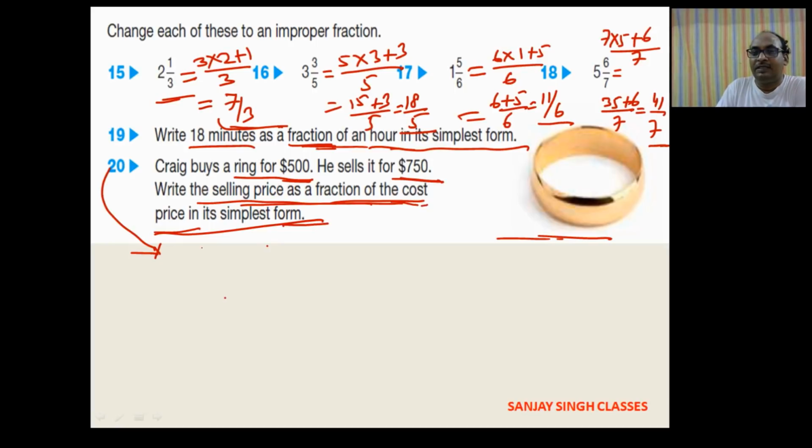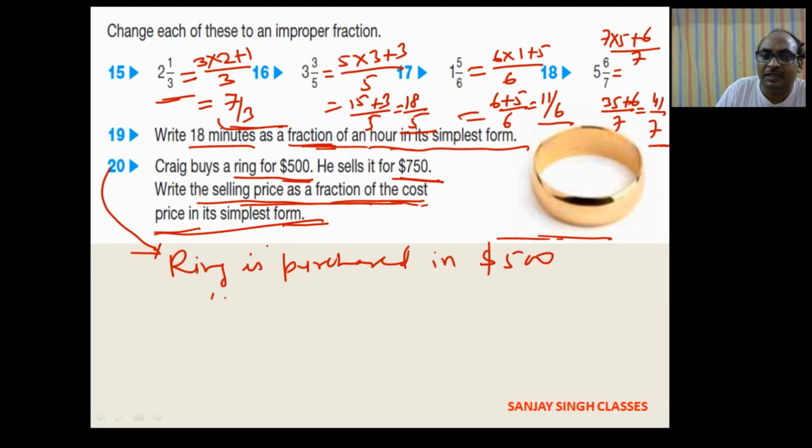Okay, so the ring is purchased for $500. Now the ring is sold at $750, which means with a profit of $250.